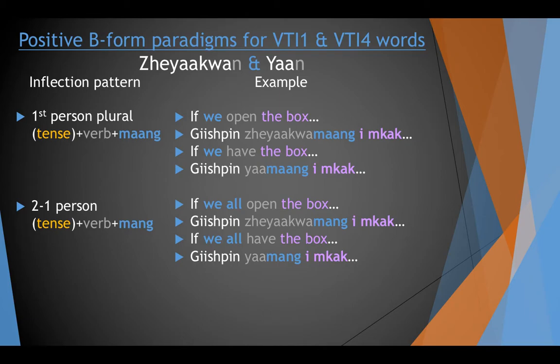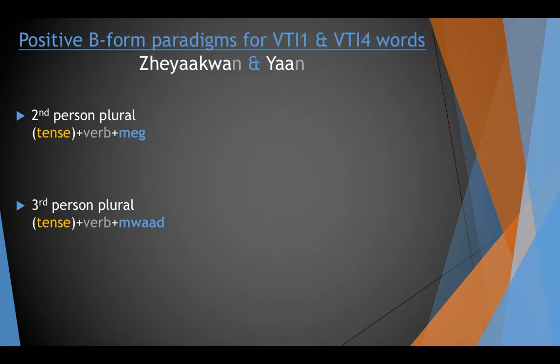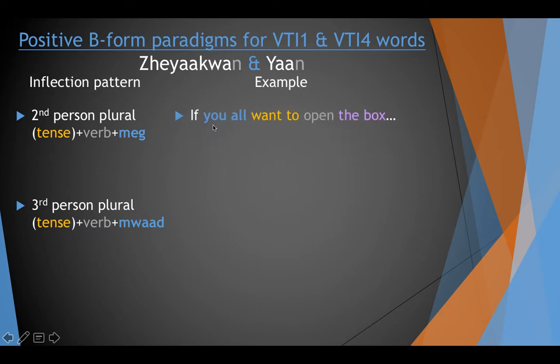We're going to move on to second person plural and third person plural. All right, so our suffixes are just meg and mwad. So we're just replacing those ends with either meg or mwad. So if you all want to open the box. If we want to translate if you all want to open the box, want to is our indefinite future tense, we.